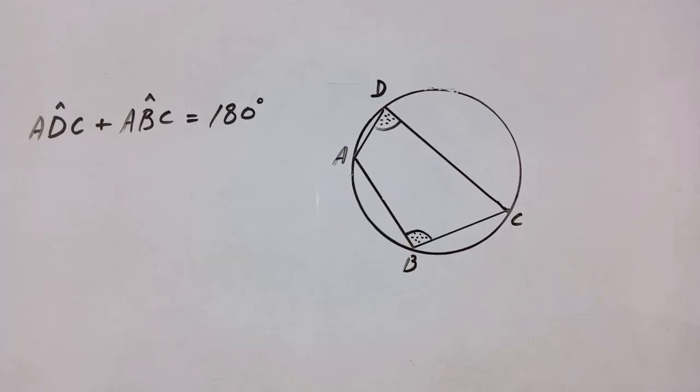So the angles ADC and ABC are opposite to one another, so they add up to 180. These two angles are opposite angles in a cyclic quadrilateral, so their sum is 180. We may say these angles are supplementary to one another.